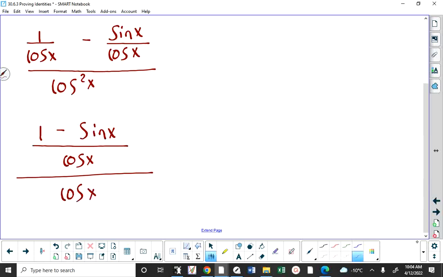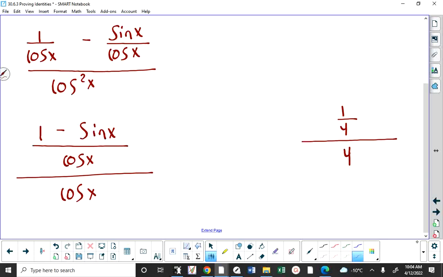Okay. So you get this. Now what? Now I believe you said this is 1 minus sine x. Because in your mind, the cos x cancels with the cos x. And that's the flaw. Because if I ask you what 1/4 divided by 4 is, right? 1/4 is 0.25, is it not?